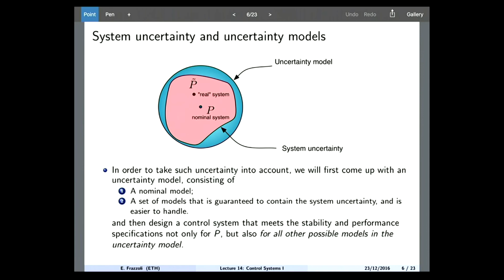What I know is that maybe my real system will not be the same as the model, but as long as the phase delay is no more than the phase margin, then I'm okay, right? So now the real system may include things like time delays, but as long as the time delay is not more than my phase margin, then I'm okay, okay?